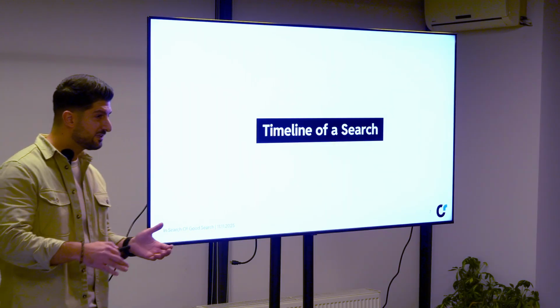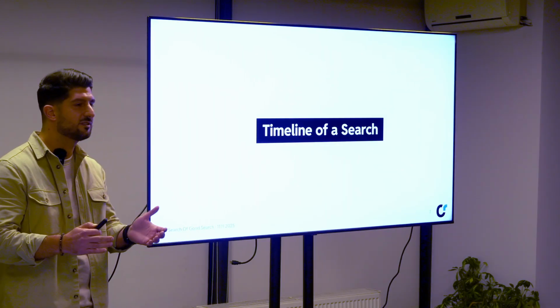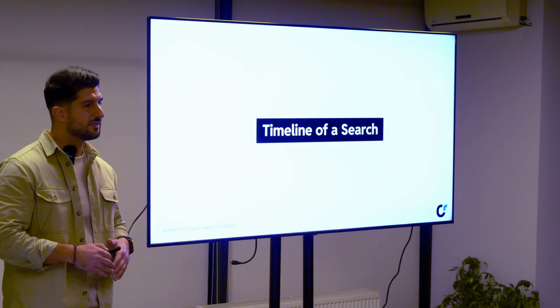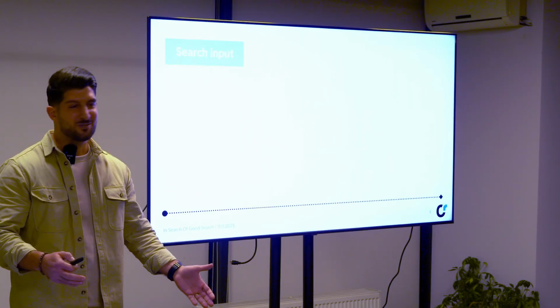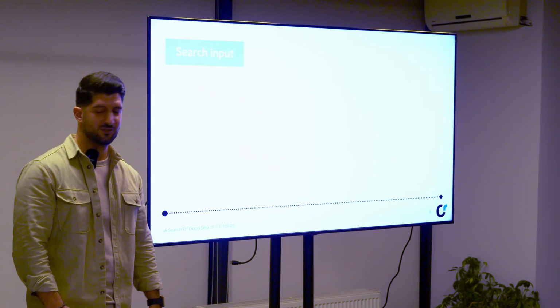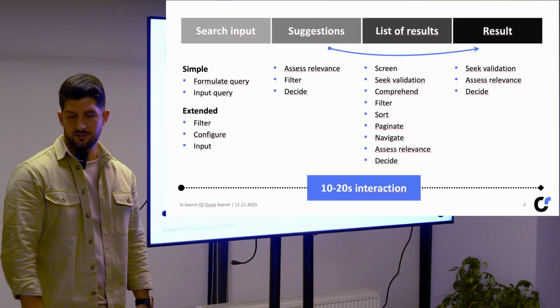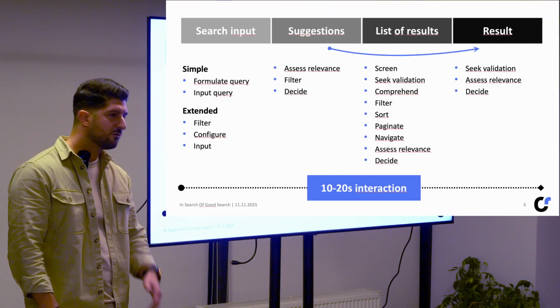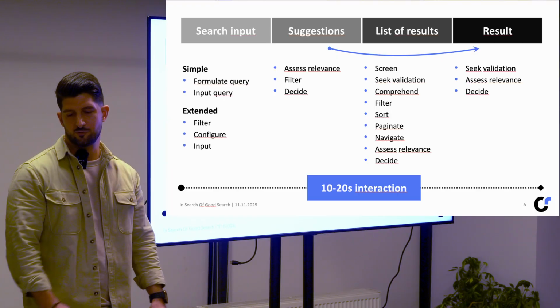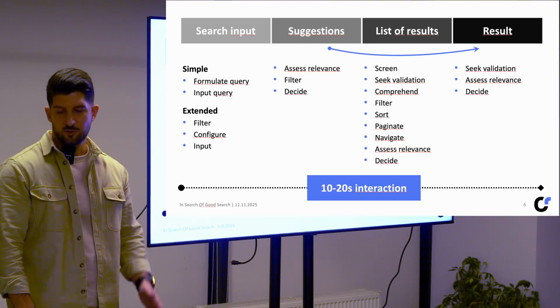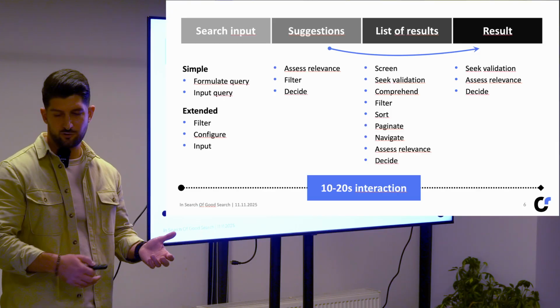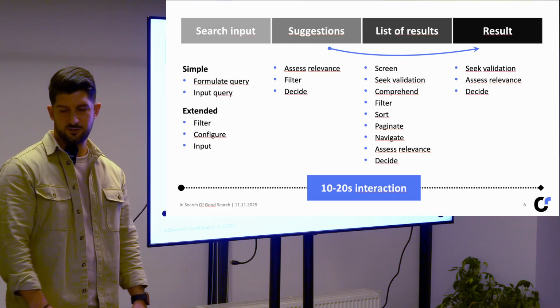And with all these intents, we have a process or a timeline, and there we want to have a short look into it. So when searching for something, you start with a search input. Here you can have simple inputs like formulate a query, input a normal query, or you have extended inputs where you already filter before you search or do some configurations.